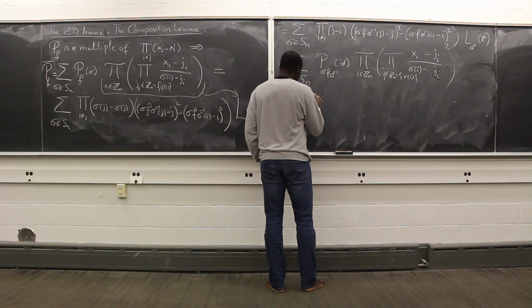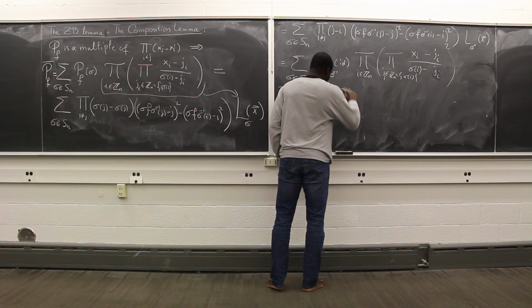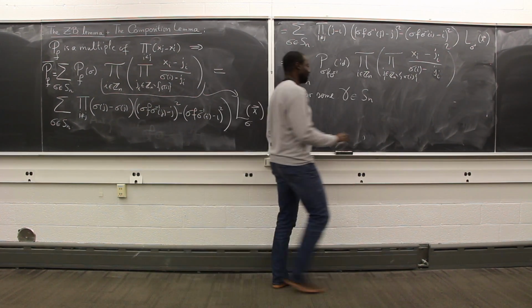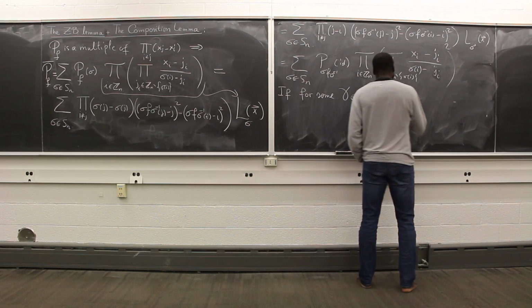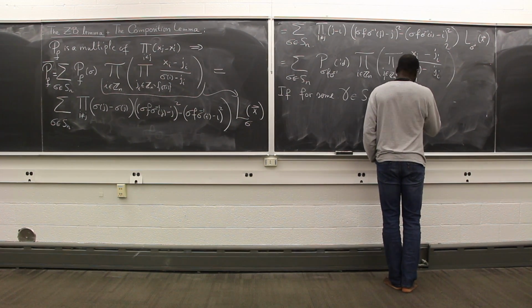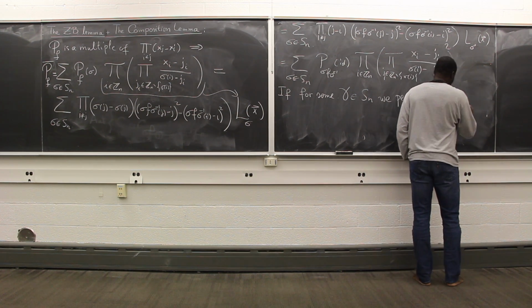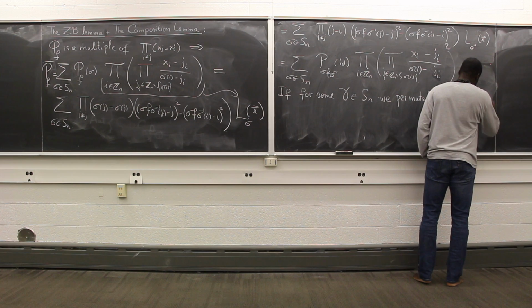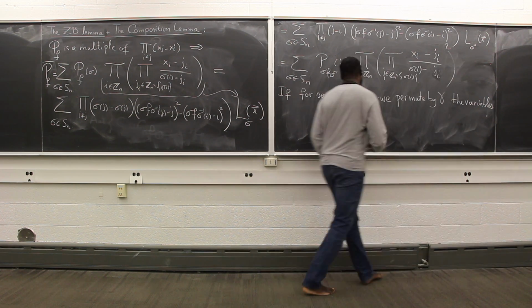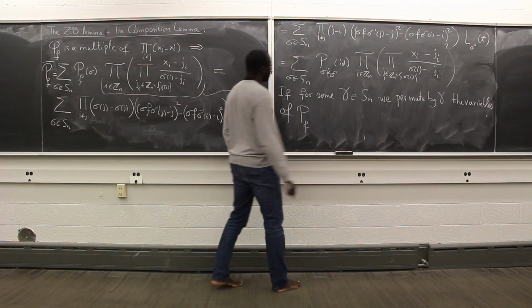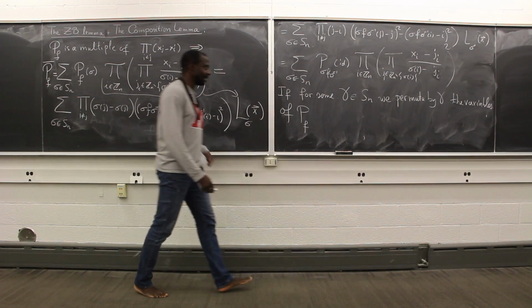Okay, all right. So now if for some gamma in Sn, we permute by gamma the variables of P, of Pf, we get something quite nice, actually.